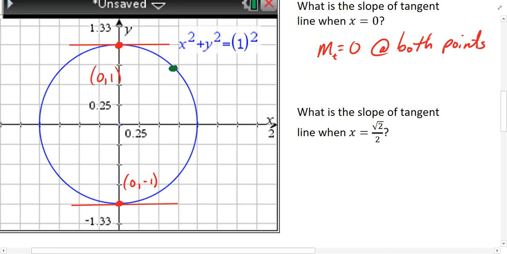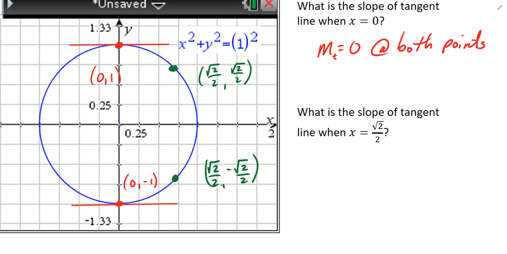Now, we've also got another point down here that also has an x value of radical 2 over 2. Down here we've got an x that's radical 2 over 2, but the y is the opposite of radical 2 over 2. These are coming from our unit circle definition from trigonometry.